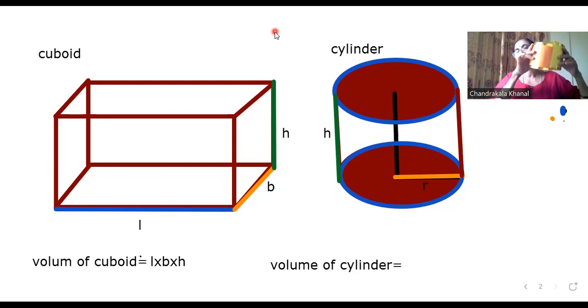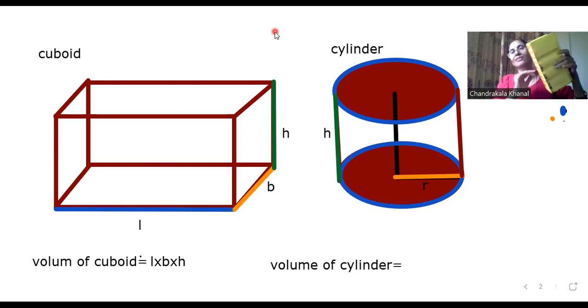Now again look at this carefully. How this changes, which part comes on which part. Okay, let's see this again.